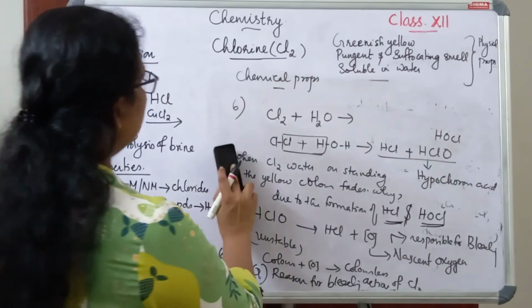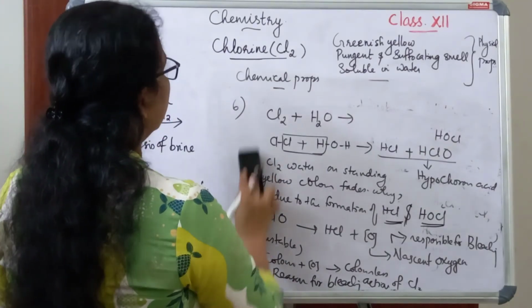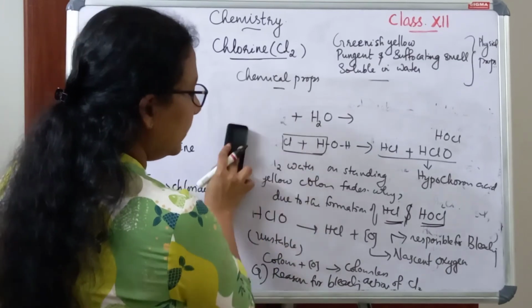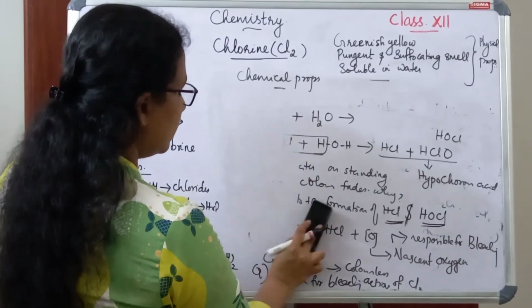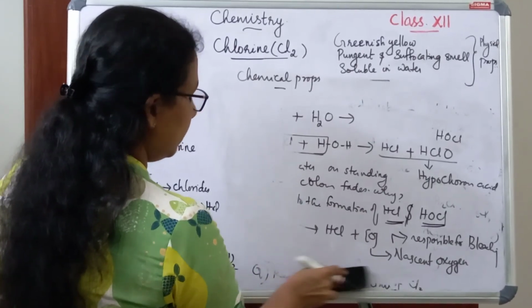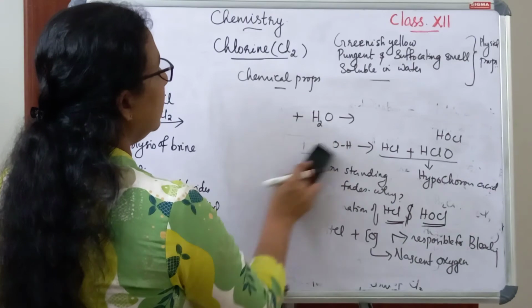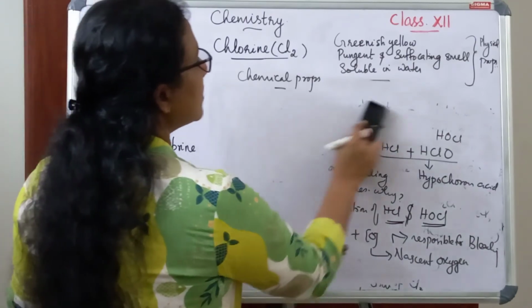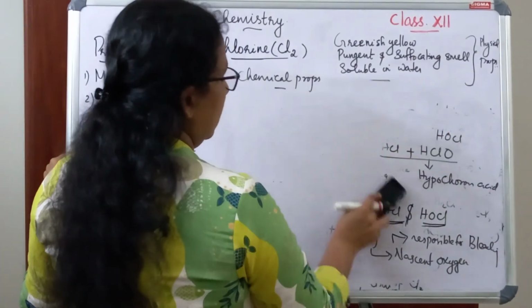Now let's see the oxidation property. So I have told you the nascent oxygen produced in this case will be the reason for the oxidation property of chlorine. So chlorine will act as a good oxidizing agent.